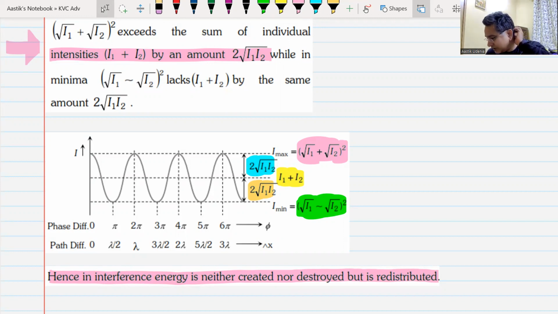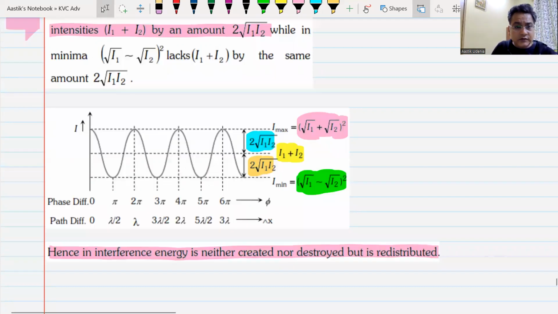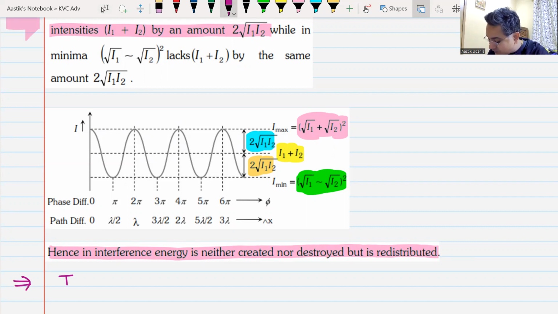Now here also you can write one more formula. Let me see if I have some space here. I have some space here, so I will write the formula here. If you have two waves of same intensity with a phase difference of phi, then the intensity of the superposition can be written as follows.